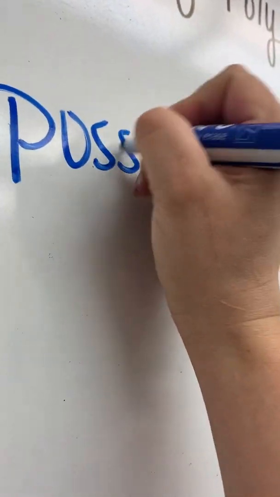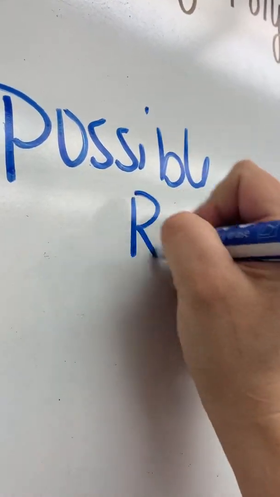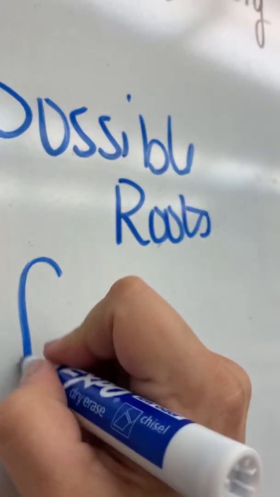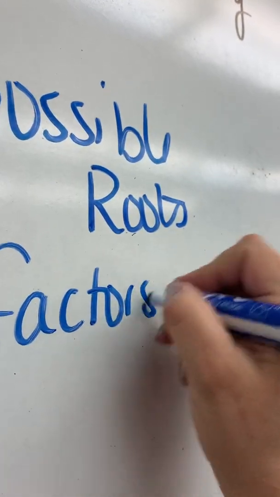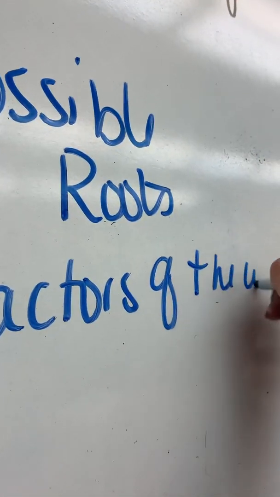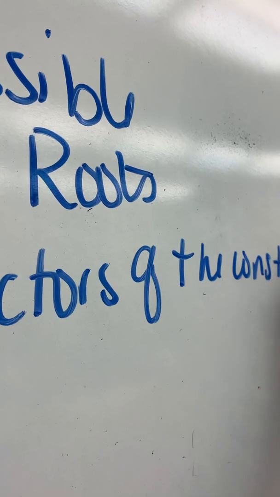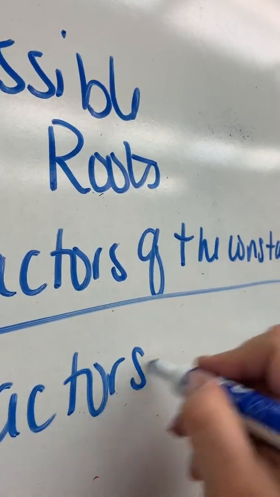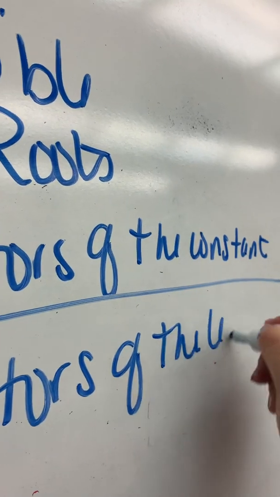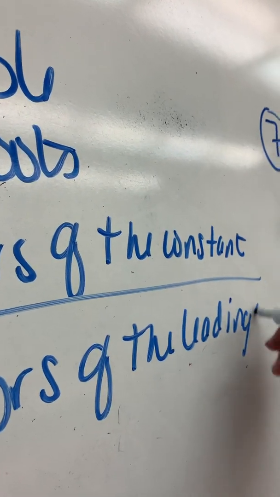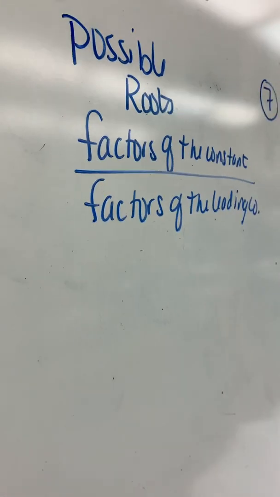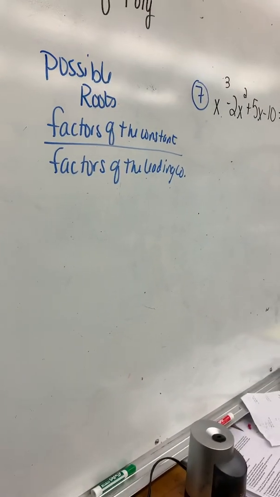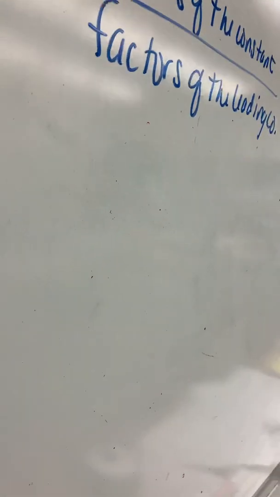Whenever you're trying to find your possible roots, you're going to take the factors of the constant over the factors of the leading coefficient. Okay, factors of the constant over factors of the leading coefficient.